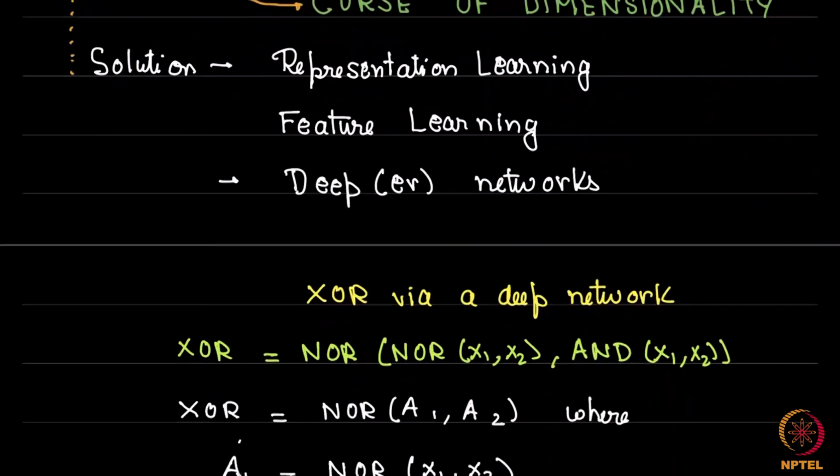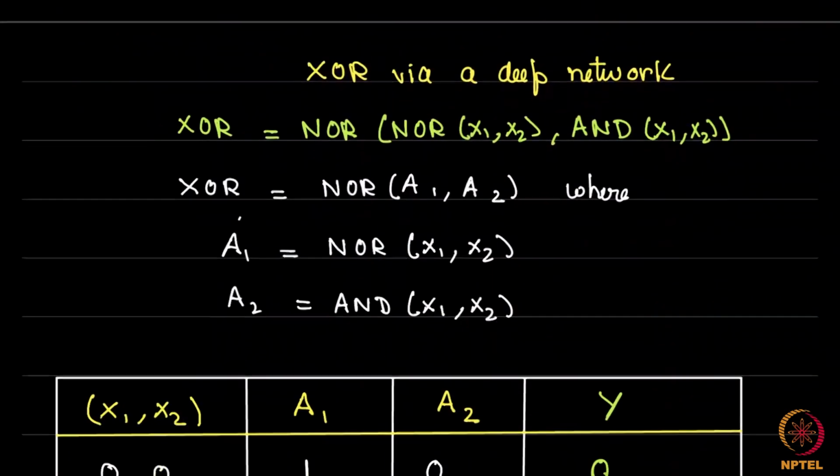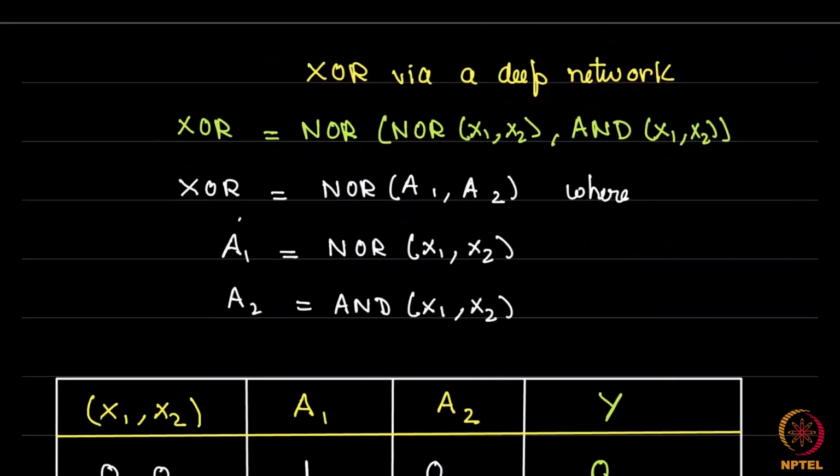So I want to show you how that happens in XOR via a deeper network. So as I told you, the XOR network can be written in terms of simpler logic gates also. For example, the XOR truth table that I showed you, which was 0, 0 and 1, 1 give us 0, and 0, 1 and 1, 0 give you 1. It can be written as this combination.